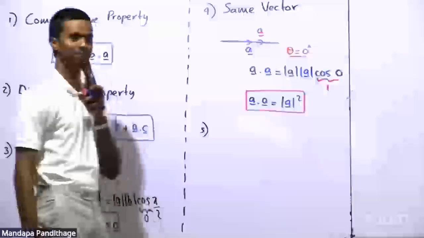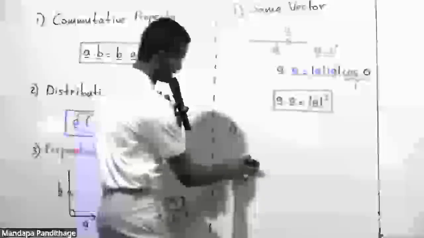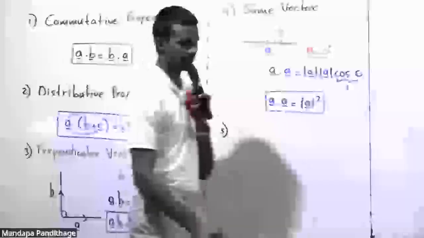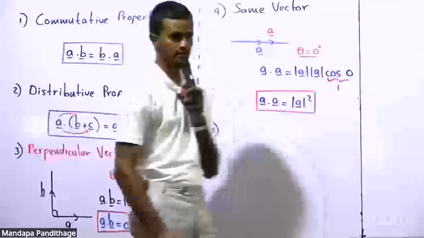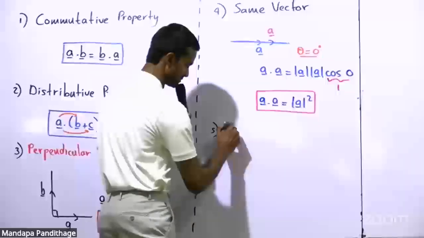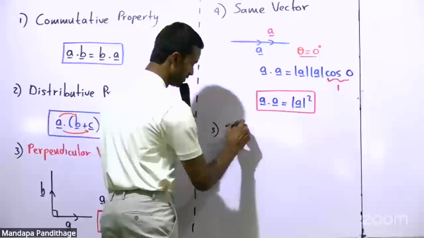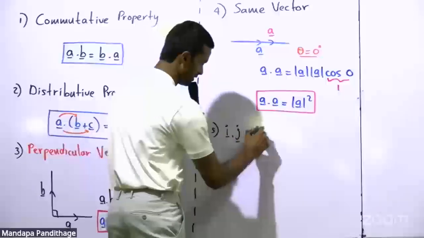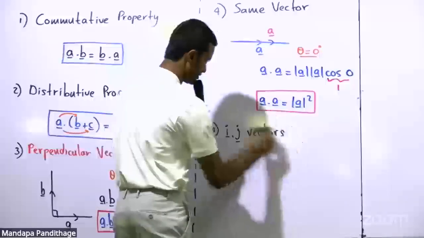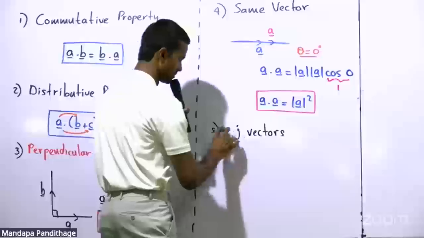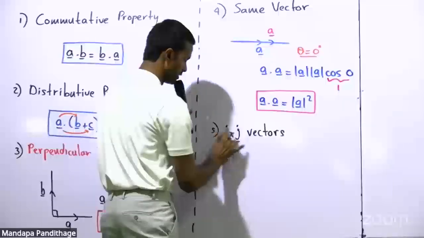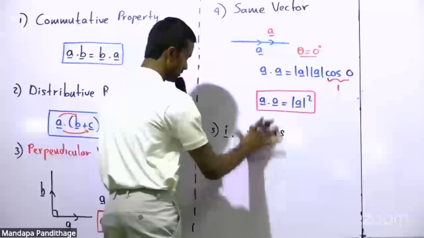Okay. Listen. So then, write number 5: dot product between i and j vectors.